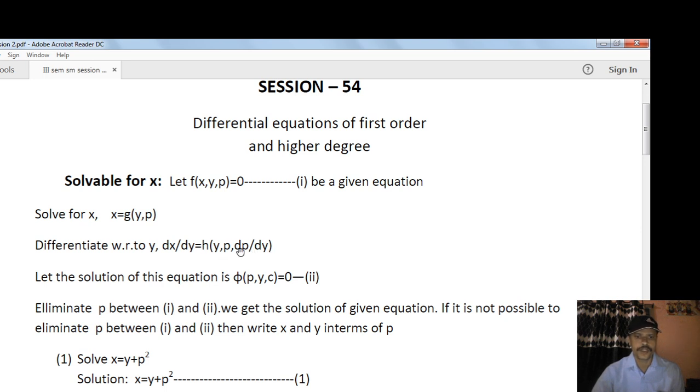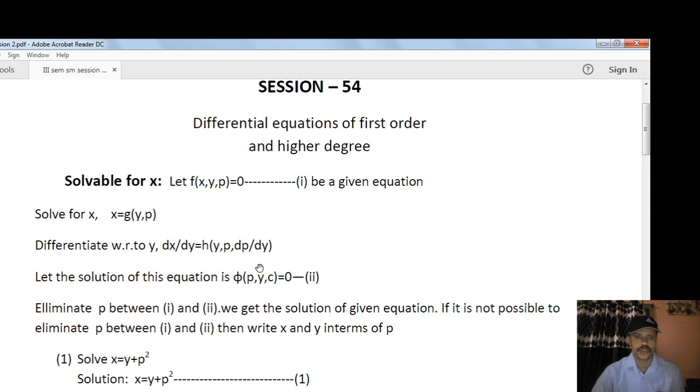And this is the first order, first degree differential equation in p and y. Solve this equation. After solving this equation, the solution is like this. We know that the solution is the relation between dependent variable and independent variable. That means p, y. Since this is the first order, first degree differential equation, it contains one arbitrary constant, say c.